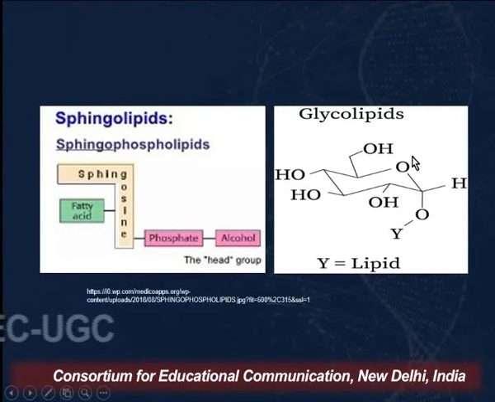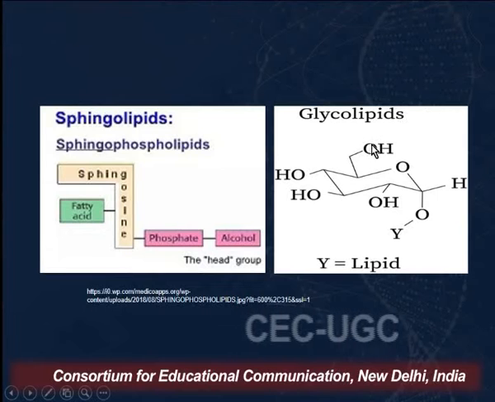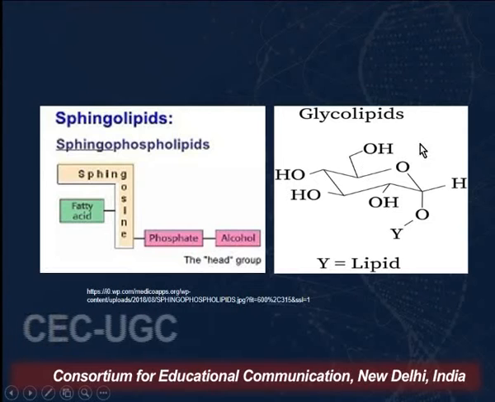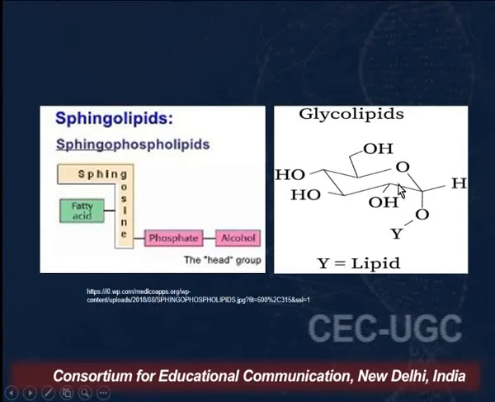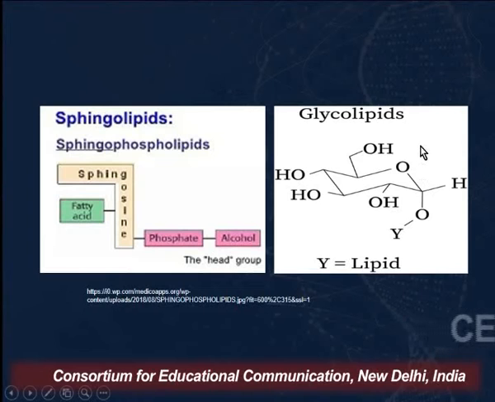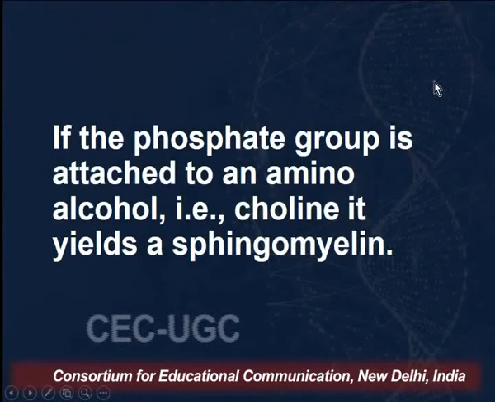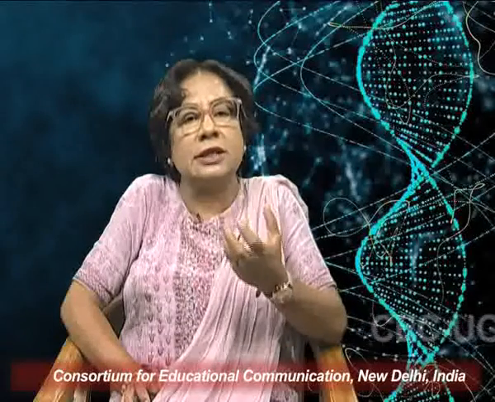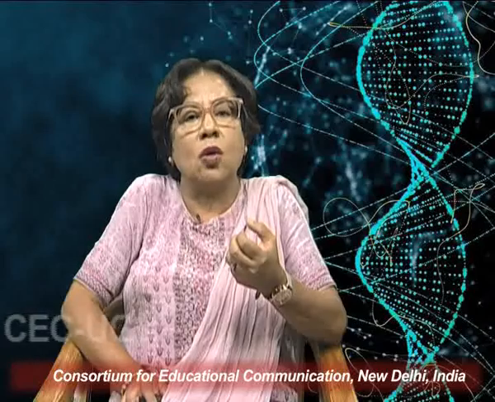And in glycolipids, we will have a carbohydrate residue here, which may be just one molecule, or it may be more than one molecule, maybe 2 or 3, resulting in globosides, or it may contain some complex oligosaccharides. So when a phosphate group is attached to an alcohol group, and generally this alcohol group is choline, it will give us sphingomyelin.